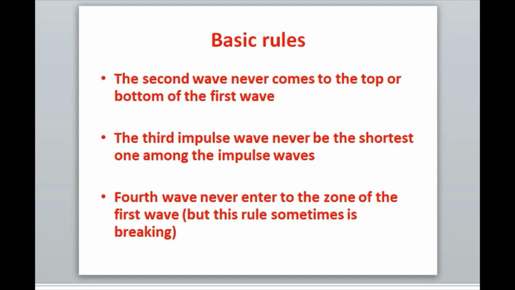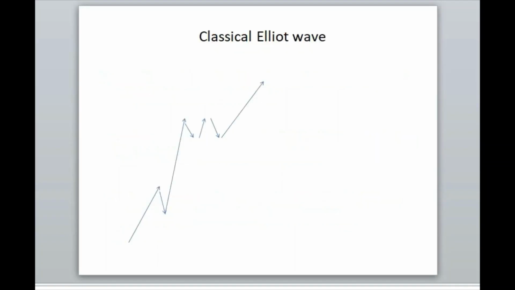So now we will talk about a classical Elliott wave, as you see. It has five waves, and this is the third wave. This is the first wave.